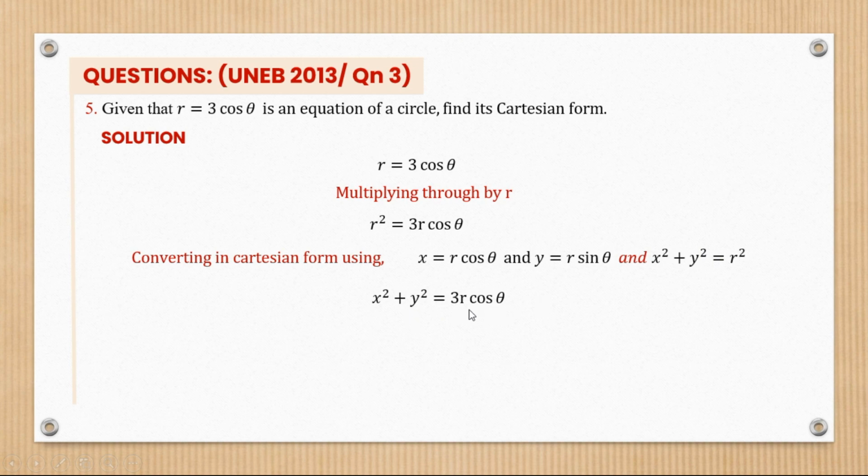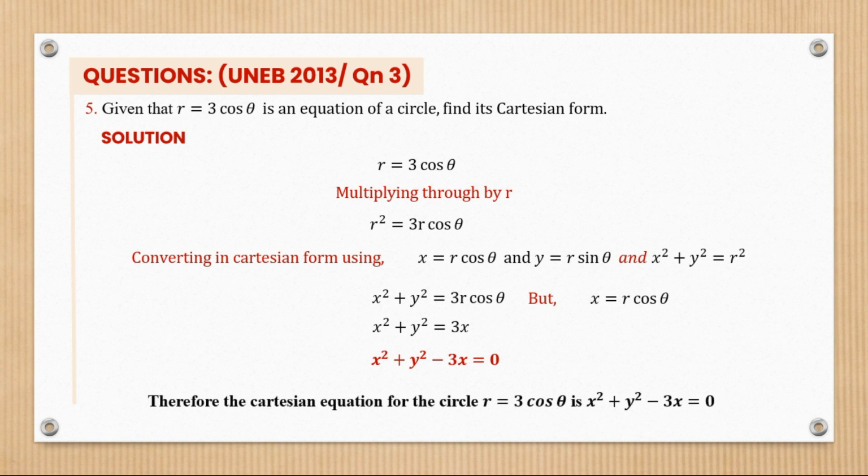Then I can see that we have r cos theta, but remember that r cos theta shall be equal to x. So this is what I have: x squared plus y squared being equal to 3x. Bring the 3x to the left hand side, and I'll have x squared plus y squared minus 3x is equal to 0. So the Cartesian equation for the circle r is equal to 3 cos theta is x squared plus y squared minus 3x is equal to 0, and that is the answer.